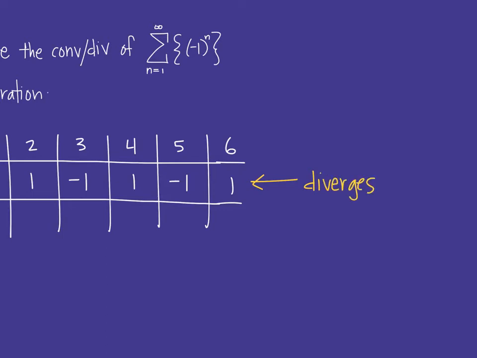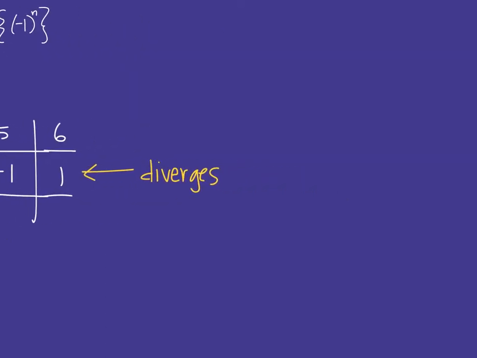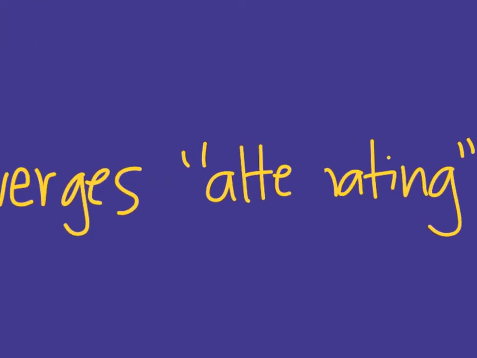I told you the name of this. This is called the alternating sequence. It will always diverge. You'll be able to use that to get you out of lots of other messes.